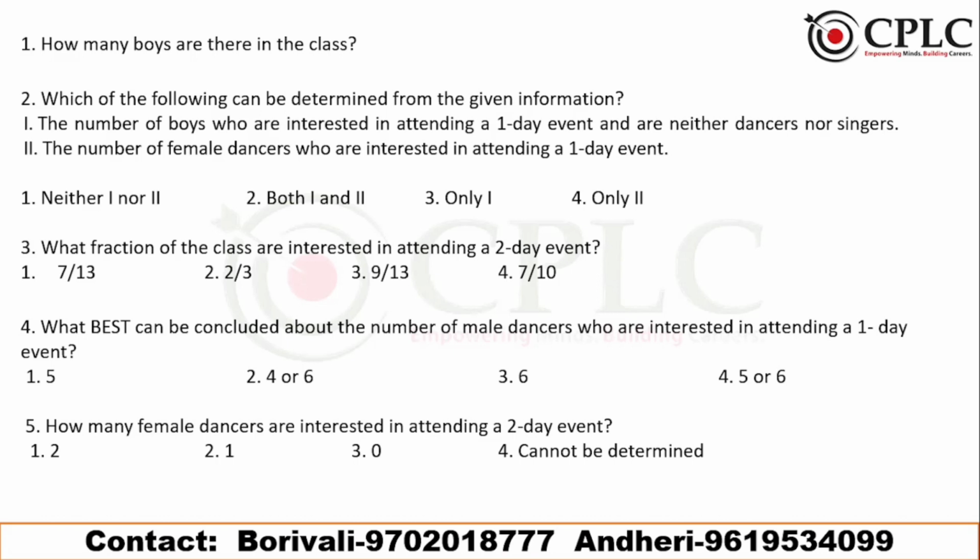So if you have read the set, basically it talks about a college event: 1 day, 2 day, and 3 day event. These were the categories, and some people are not interested in that event. And then there is a classification of boys and girls as well in the event, basically.